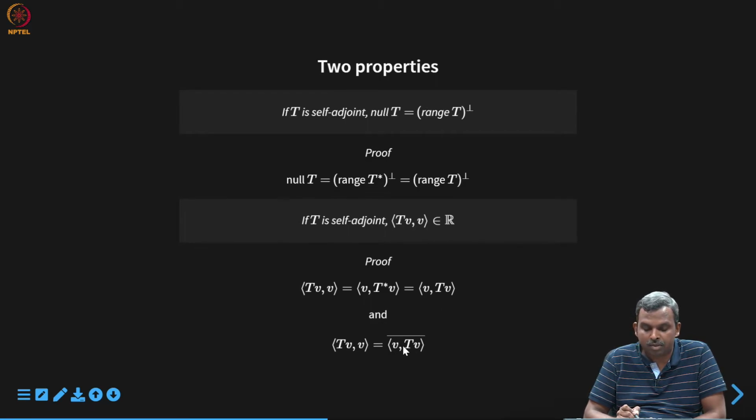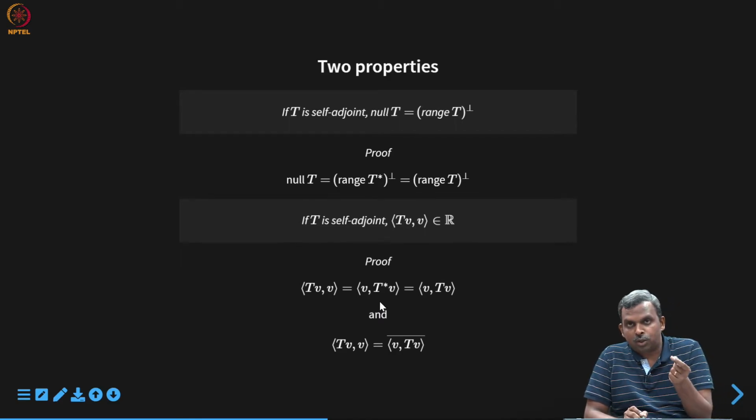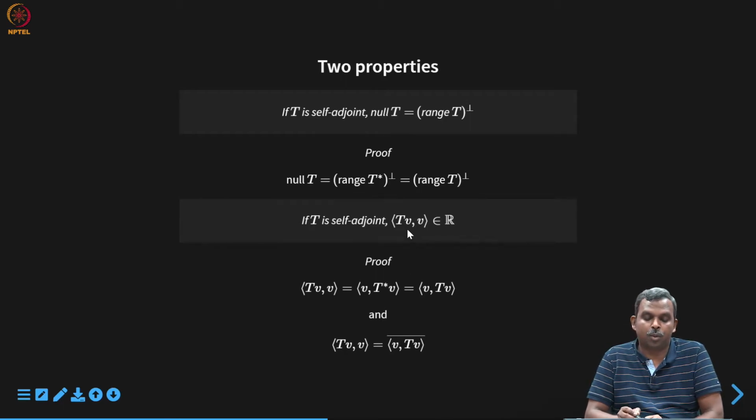So these two are equal, so they have to be real as well, and everything is real. The adjoint takes you from the first argument to the second argument, and when you flip the two, you get conjugates of each other. This is just the property that tells you this.